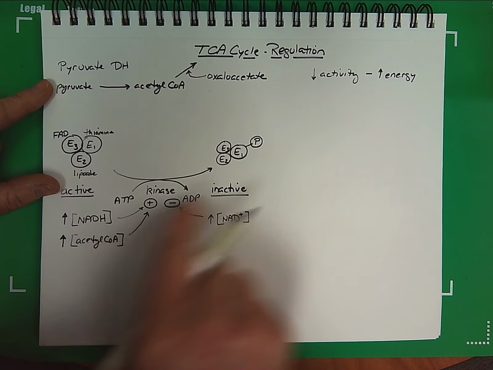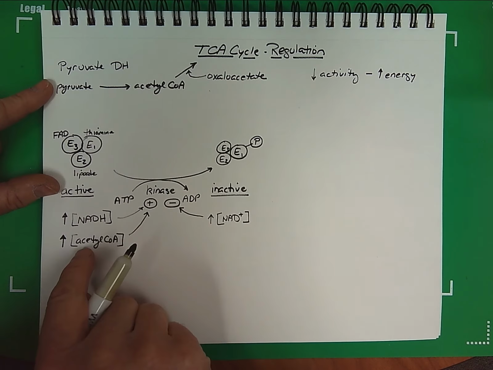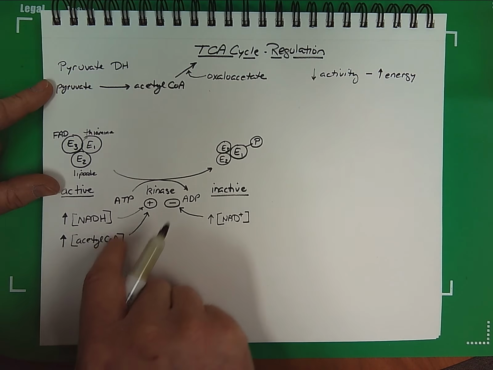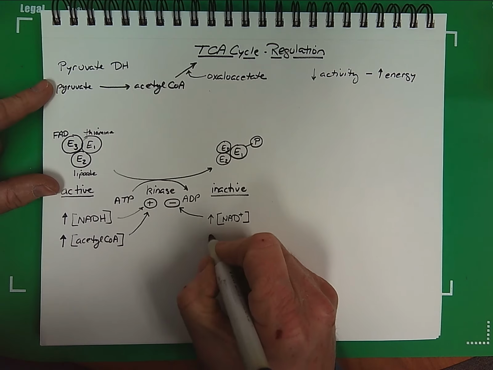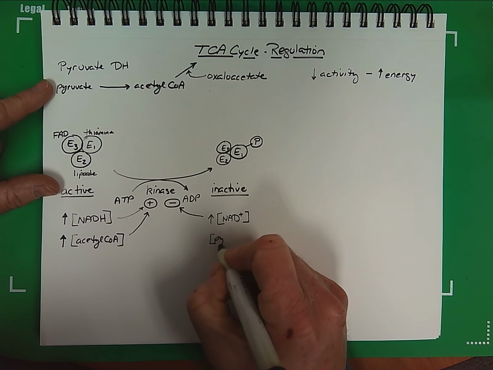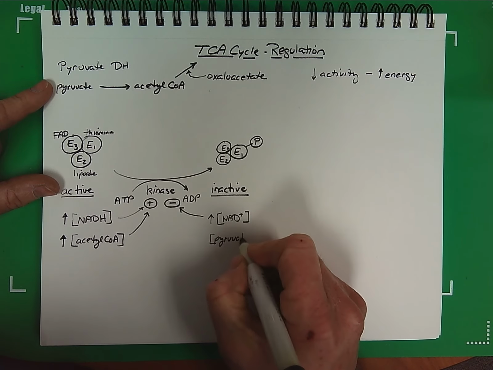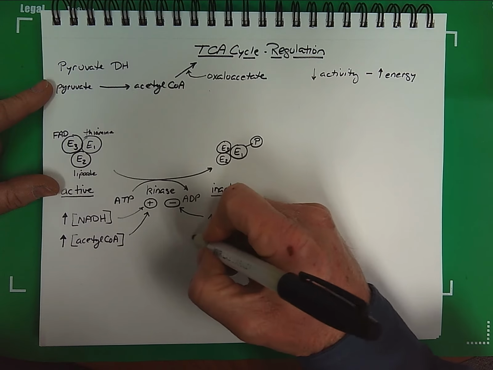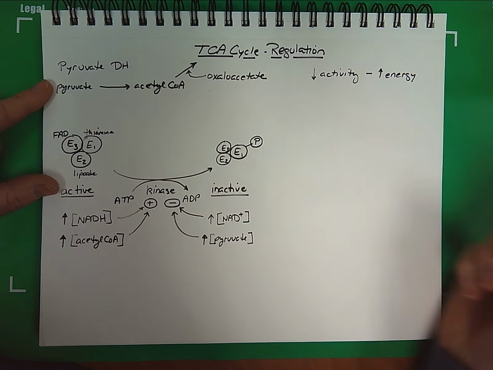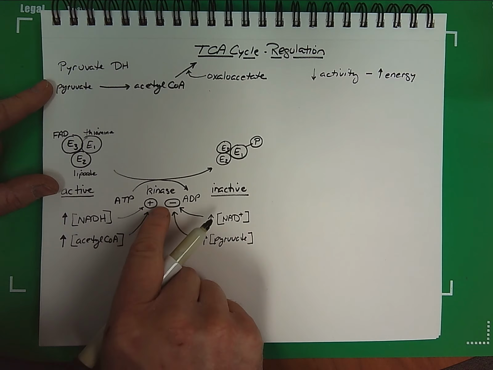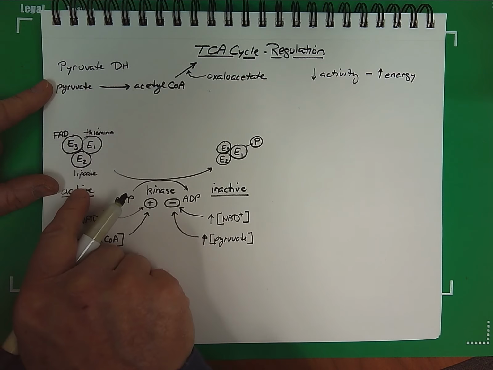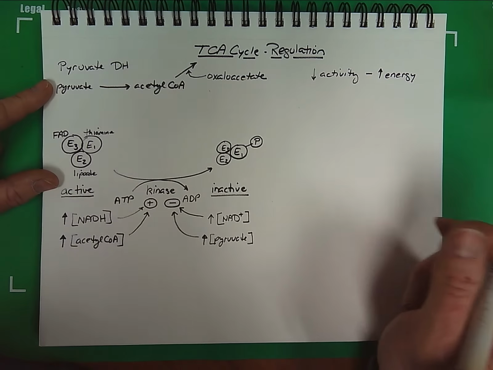Likewise, as the enzyme is slowed because of the kinase, our acetyl-CoA levels will begin to drop. That means that pyruvate, the substrate, will increase its concentration. Pyruvate, increased concentration, will also serve to inhibit the kinase activity, therefore leaving the dehydrogenase complex more in an active state.